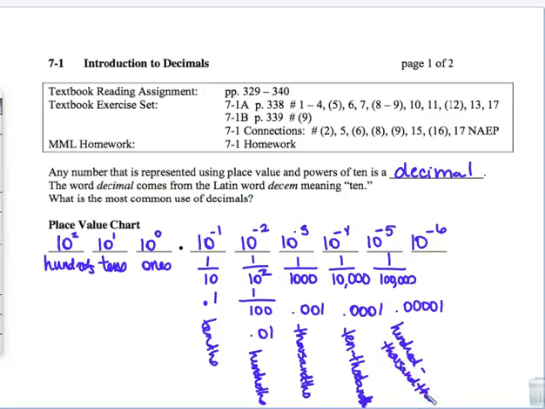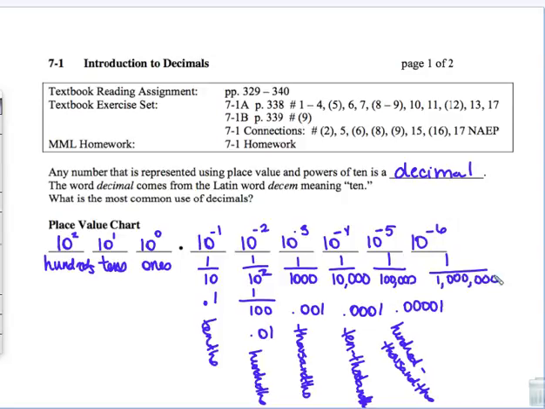And the last one we will discuss, even though we know place value doesn't stop here, is 10 to the negative 6. That would really be the same as 1 over 10 to the positive 6th. What that would end up being, 10 to the 6th, is a million, and so it would be 1 over 1 million.